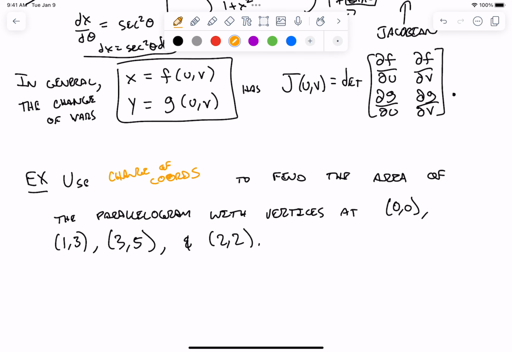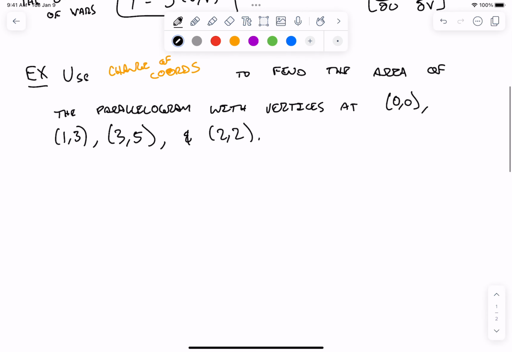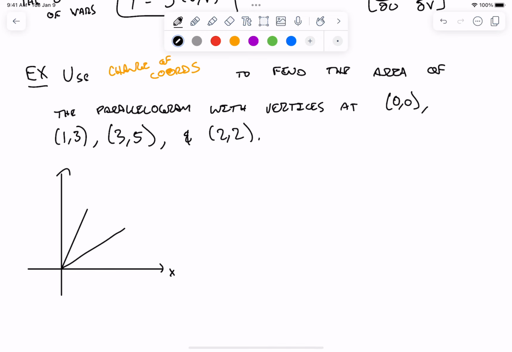To find the area of a parallelogram, let's do this instead. So let's see what happens here. What is this region R? Let's briefly sketch our region.